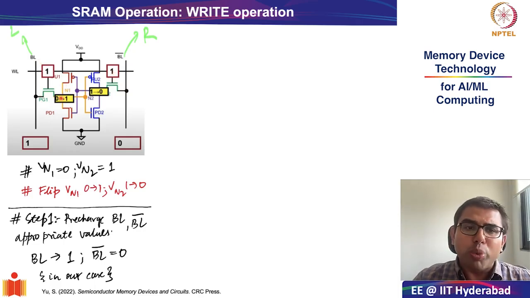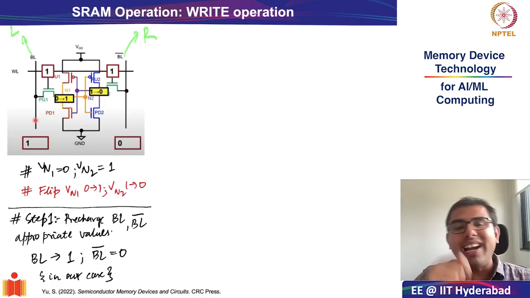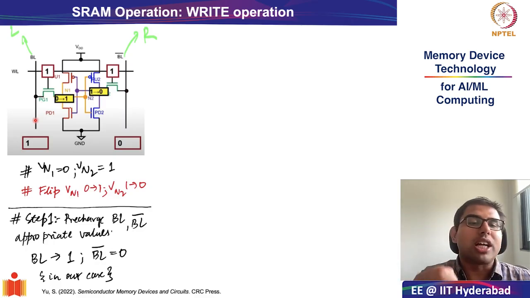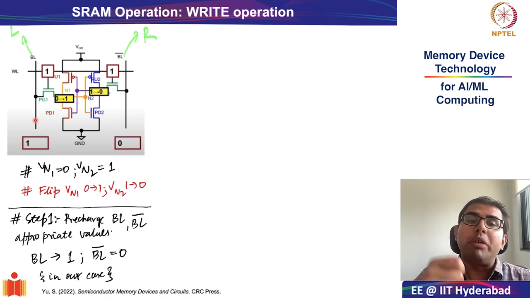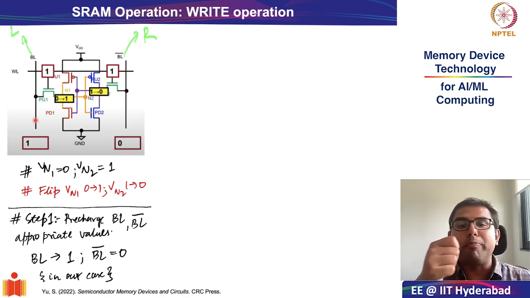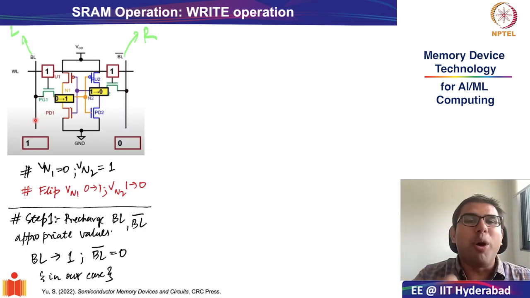Obviously, if I want to switch the storage node 1 from 0 to 1, the bit line, which is connected to the left hand side of the branch or the left hand side of the inverter as indicated in the diagram, has to be precharged to 1 and bit line bar has to be precharged to 0. Okay, so the first step that we do is we precharge the bit line and bit line bar, and this is how we are deviating from the read operation.